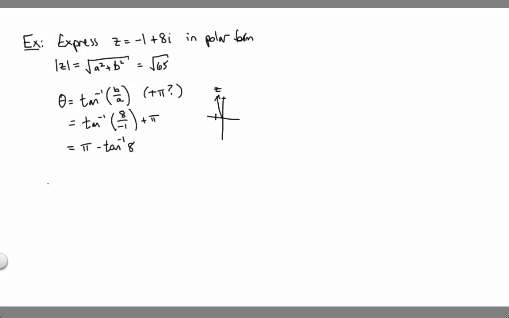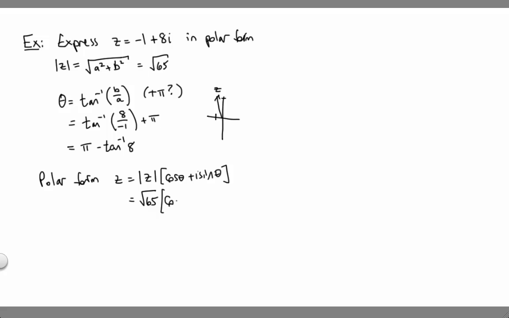So now, just remembering what our polar form looks like. In general, polar form says to write your complex number as the length of z times cos theta plus i sine theta. We figured out that the length of z is root 65, and then we're just going to sub our angle, which we figured out, into this expression.